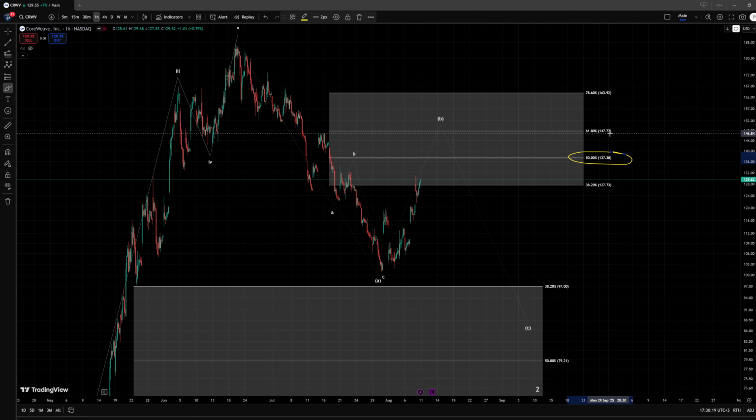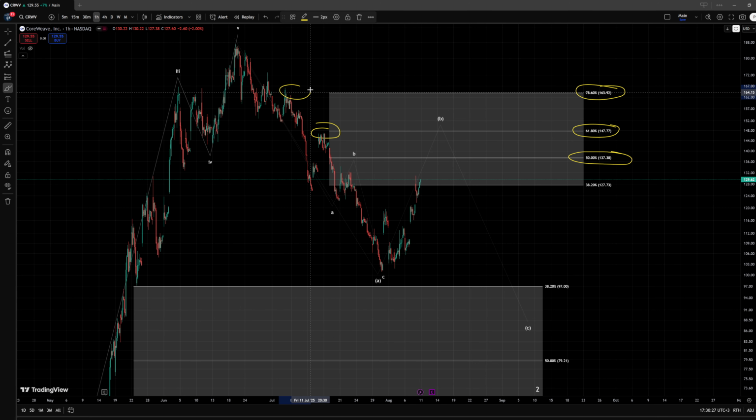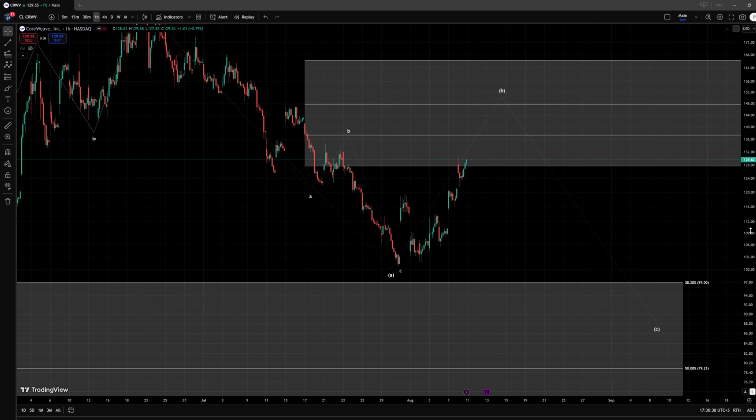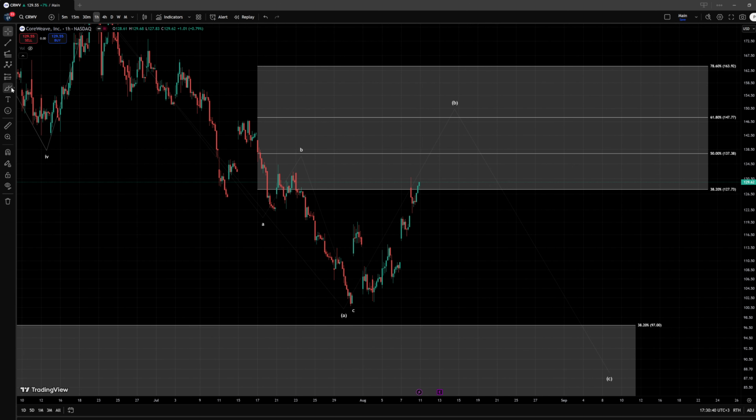And then we have some more such resistances at the 61.8% retracement level, and then at the 78.6% retracement level here and here. This 78.6% retracement being the most significant, but I don't necessarily expect it to get there. So far, we have gone even past the 100% extension for a wave C in this ABC.